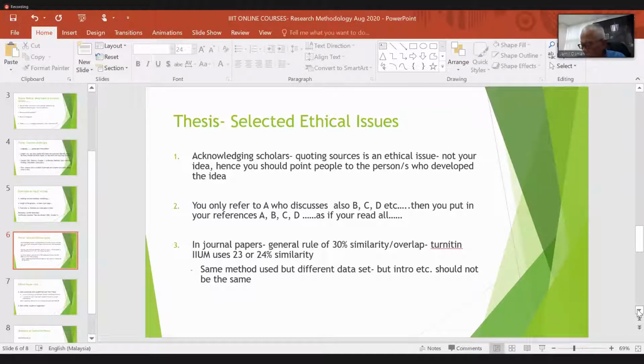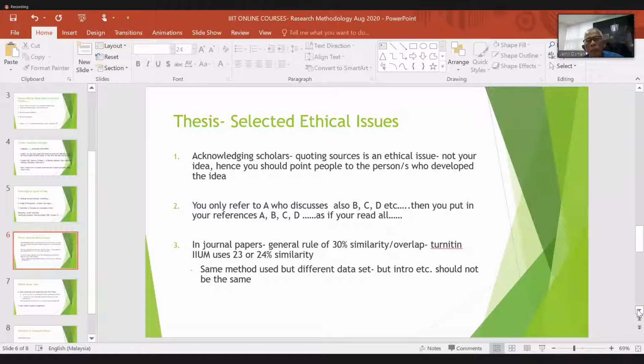In other words, if you have a thesis in which you use a certain method, but for a different data set, and you produce a different paper using the same method but different data set, yeah, this is fine, you can do it.